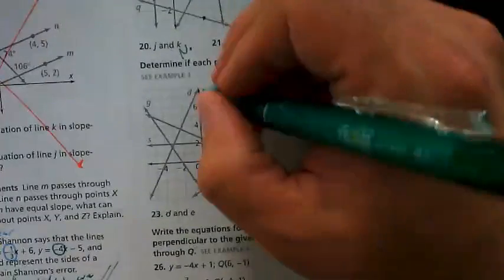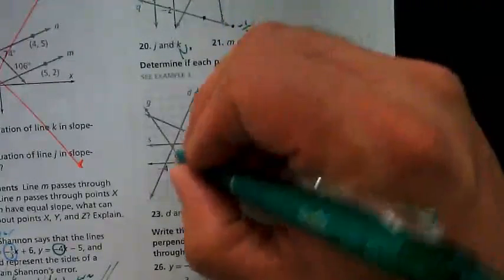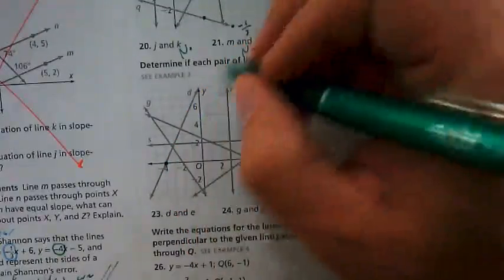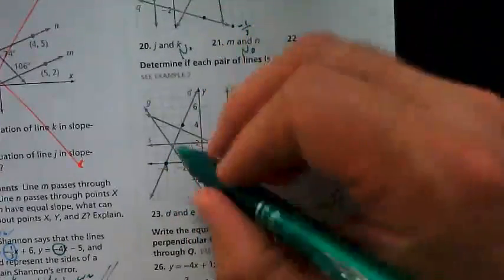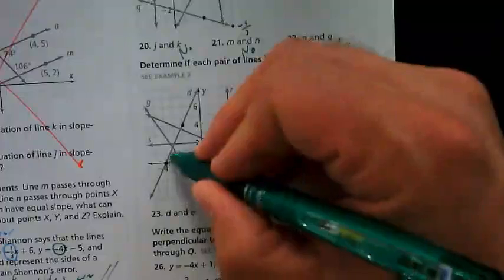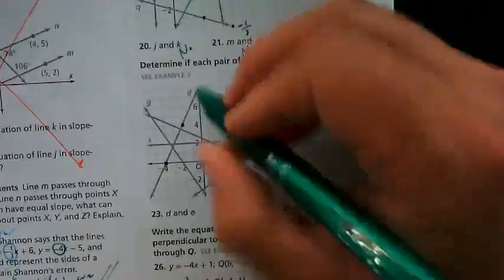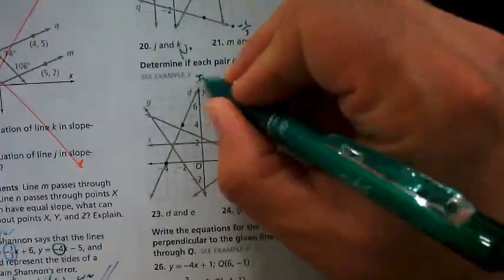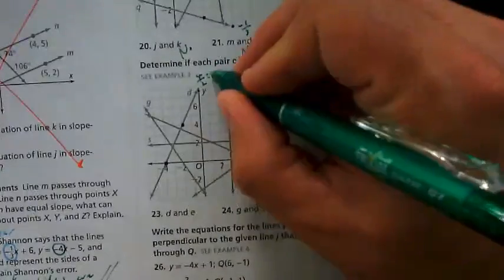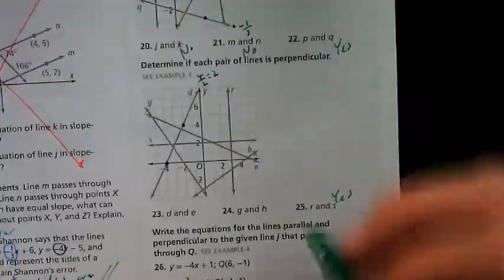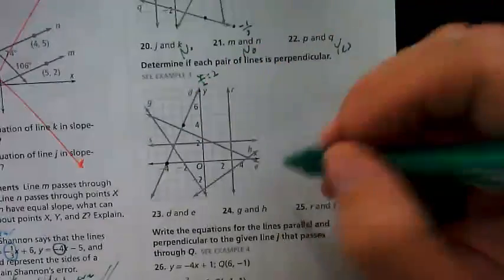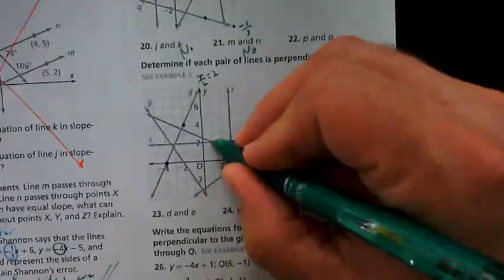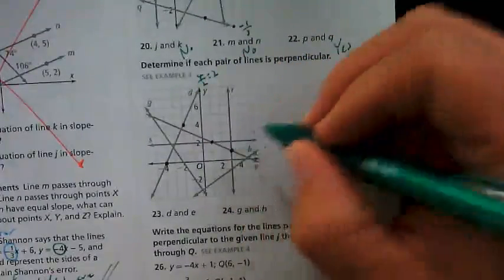Now, they look like they could be. But again, we need to use points to make sure. So, I can clearly see that point and this point. So, I go up 1, 2, 3, 4 over 1, 2. So, 4 over 2 or just 2. Whereas on E, you got that point and I got this point.